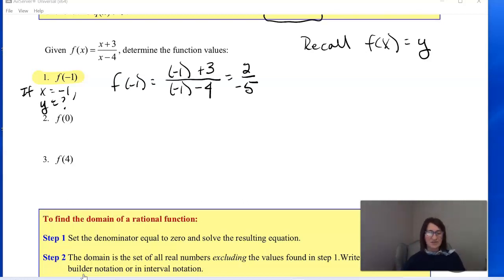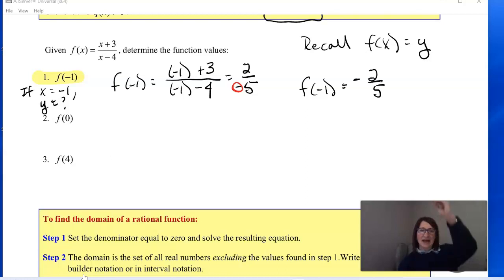So to answer the question, f of -1 is equal to -2/5. It doesn't matter if the negative is in the denominator. That negative is assigned to the entire fraction, so it can be in the denominator, out front, or in the numerator. They all mean the same thing.